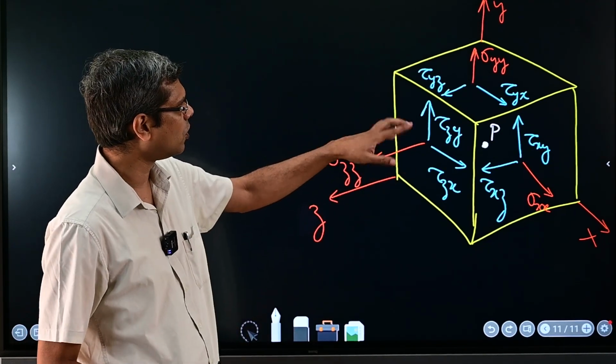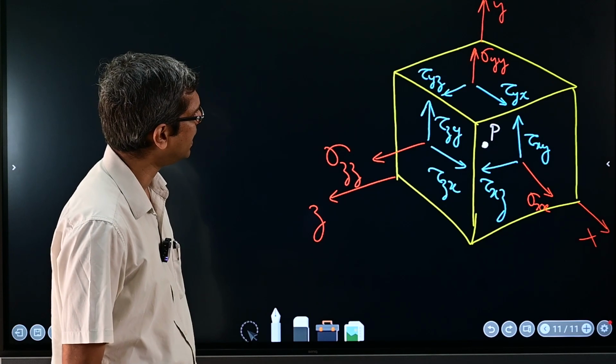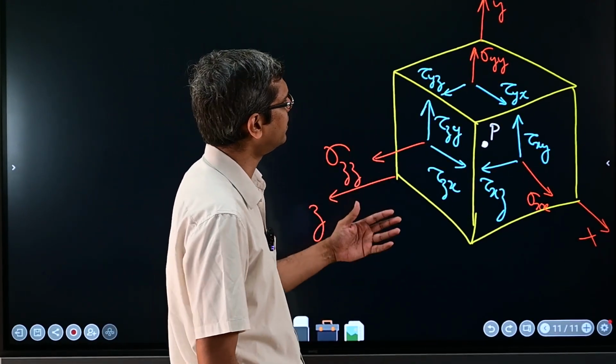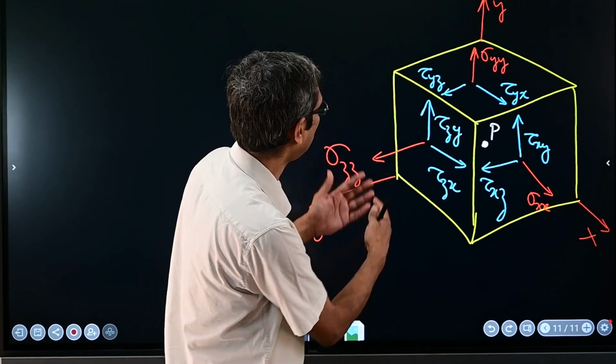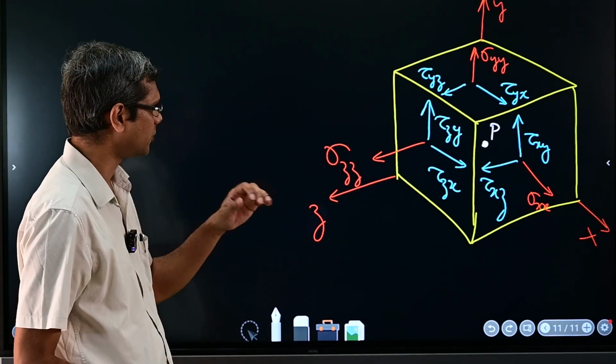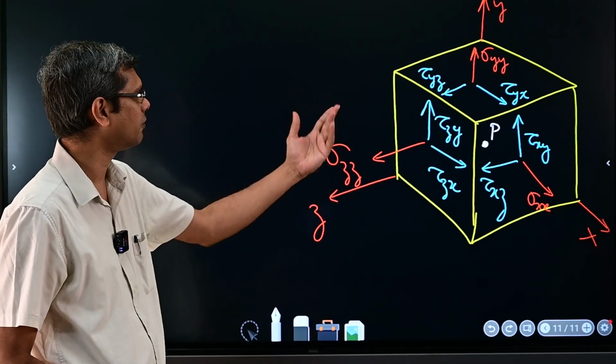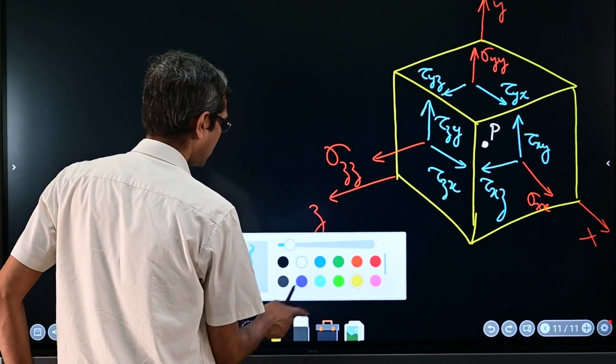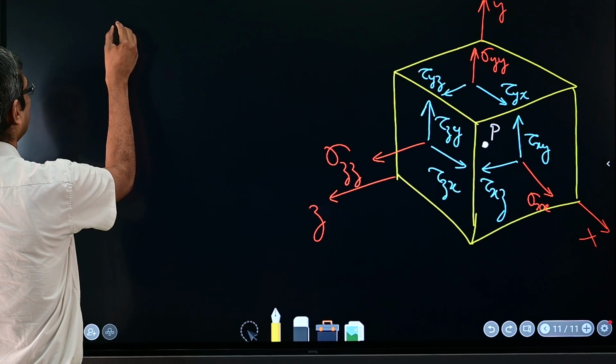Corresponding to all this, you will have the other side stresses. I'll not draw them here, but exactly the same thing will be there on the other side. And these 9 numbers are generally written in this form.